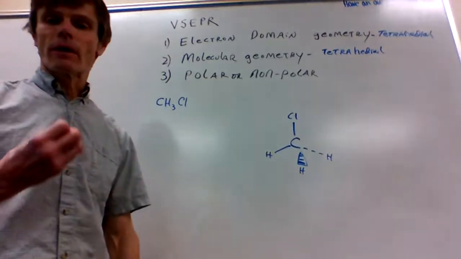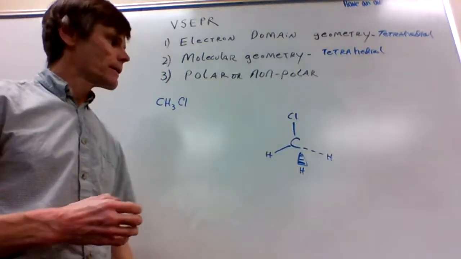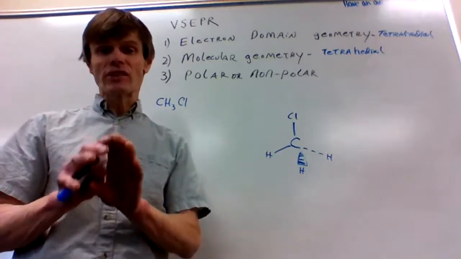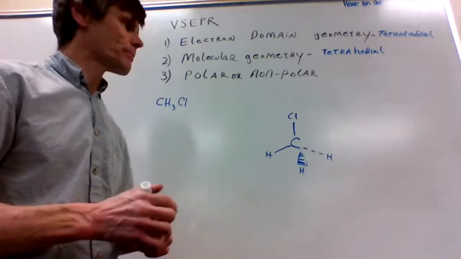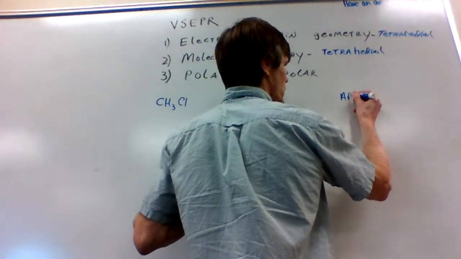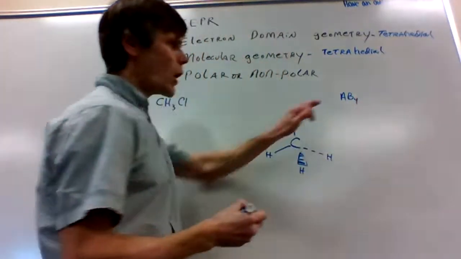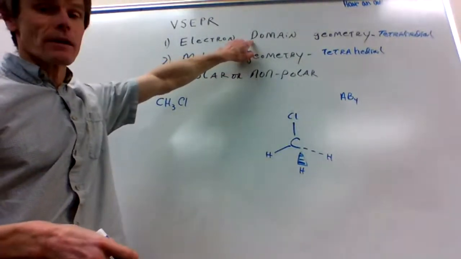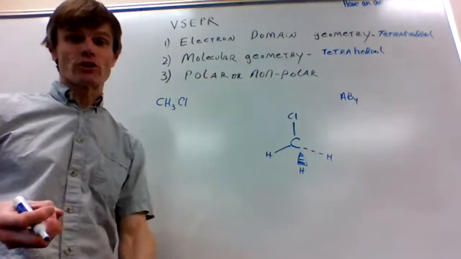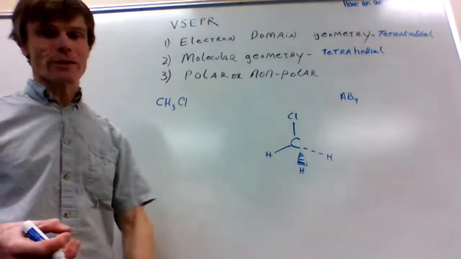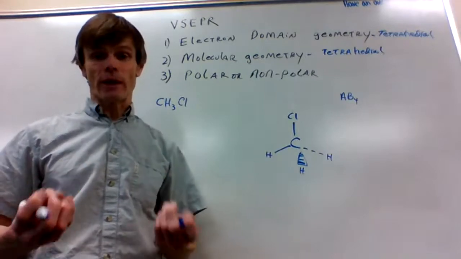Just like carbon tetrachloride, this is again a central atom that has 4 regions of electron density about it. It's AB4. There are no lone pairs of electrons on the central atom. So once again, the electron domain geometry is tetrahedral, and our molecular geometry is still tetrahedral.